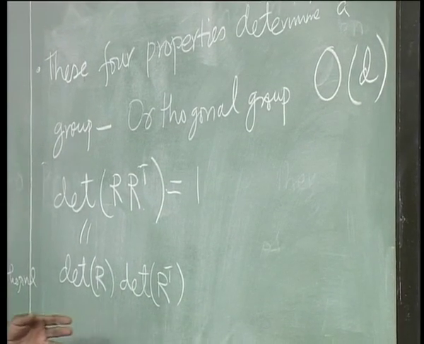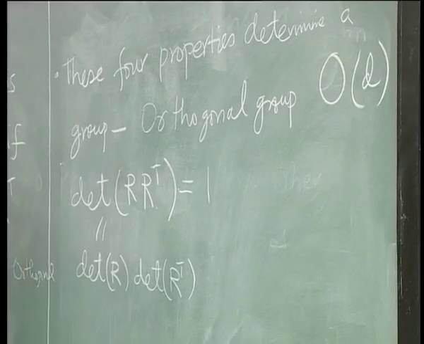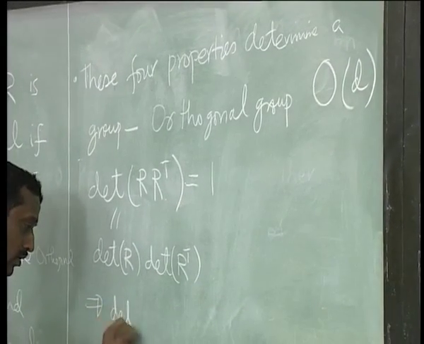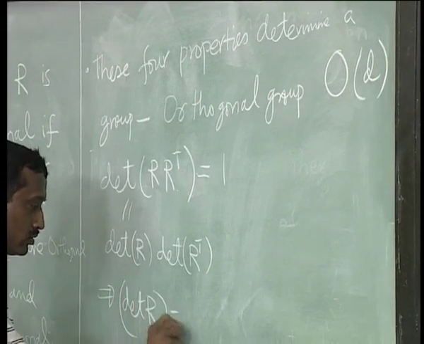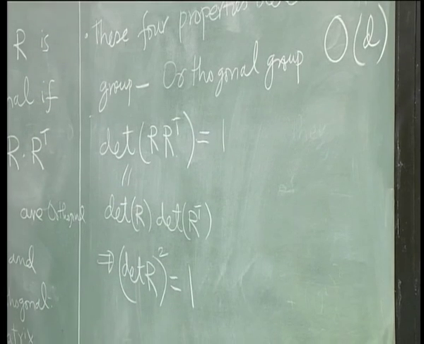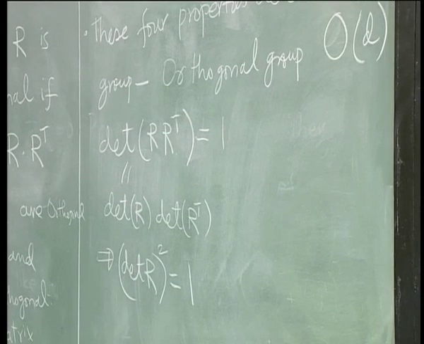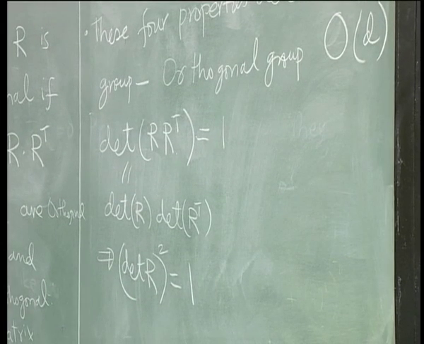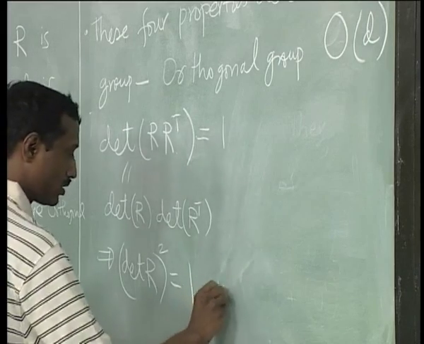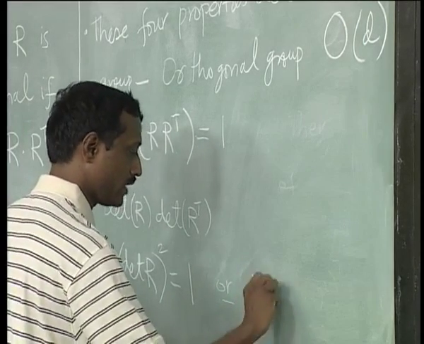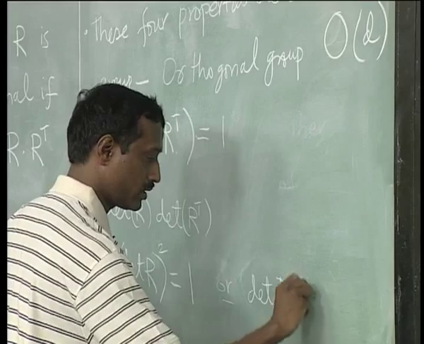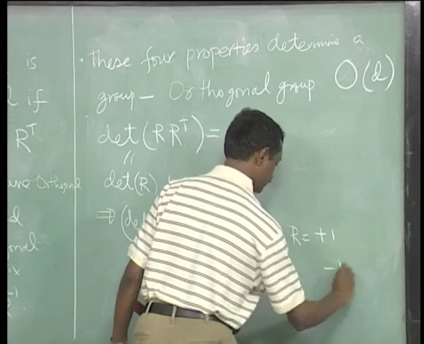But any matrix and its transpose have the same determinant. So, this implies that determinant of R squared equal to 1. Or determinant of R is equal to plus 1 or minus 1.